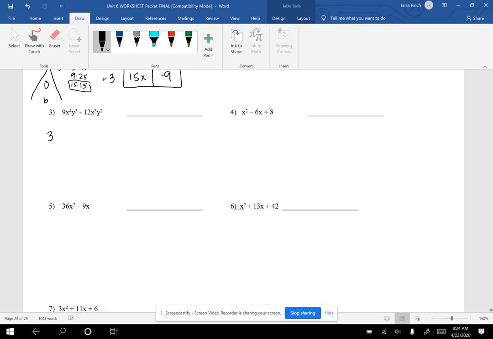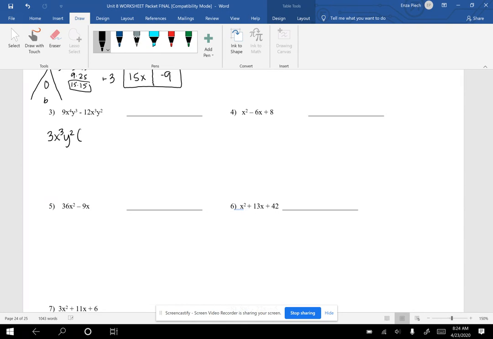So if I pull out a 3, then I look at my x's. X to the fourth, x to the third, I can only pull out the smallest quantity, which is x cubed. And then y cubed and y squared, I can only pull out the smallest quantity, which is y squared.